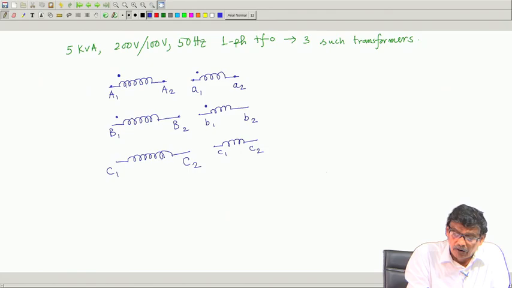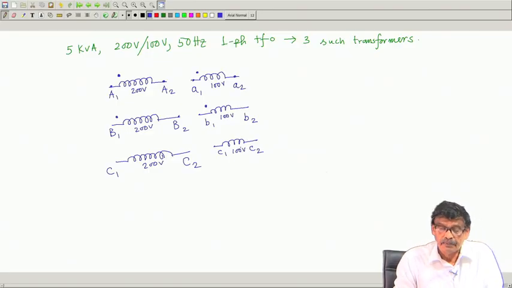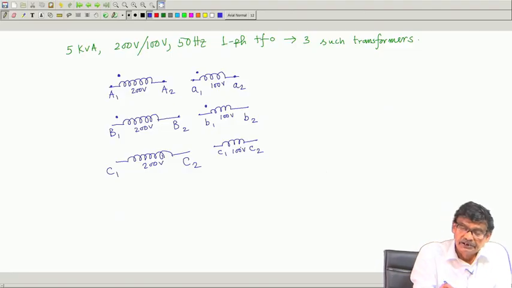So, the rating of this winding is 200 volt, this winding also 200 volt rated voltage, and similarly rated voltage of these secondary coils are also 100 volt. This I know, and also I know the rated current of this side as 5000 by 200.